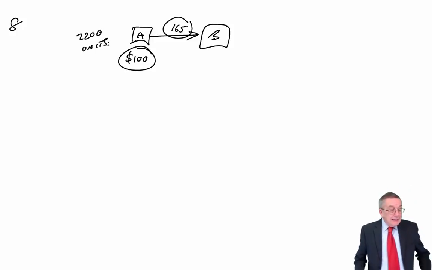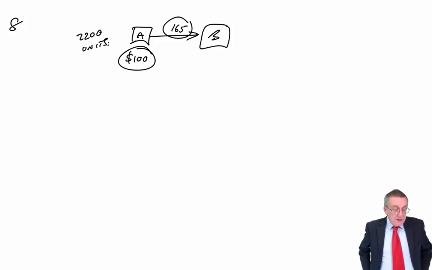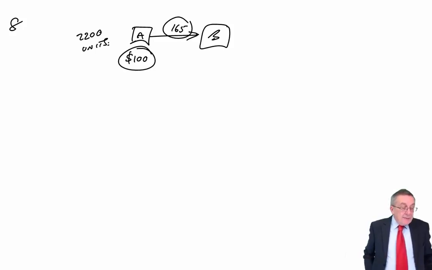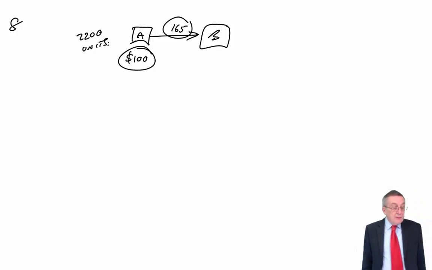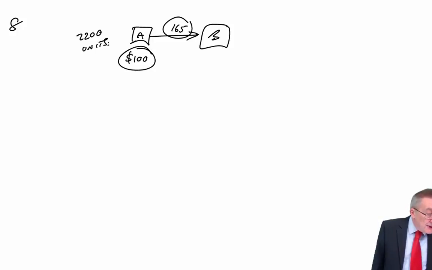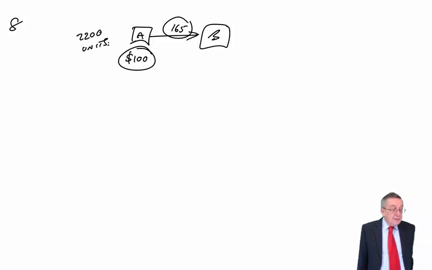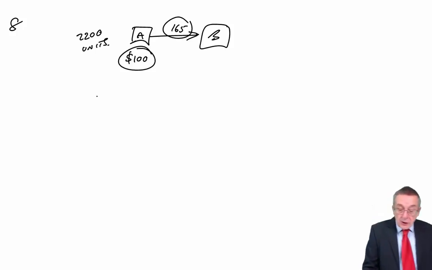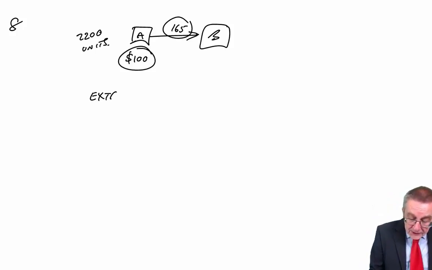First of all, if Division A makes the units, it's costing a marginal variable cost of $100 a unit. For the group as a whole, if instead we let Division B buy from Coldco, it'll be $140 a unit. So there will be an extra cost to the group.